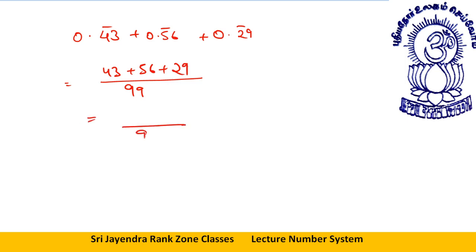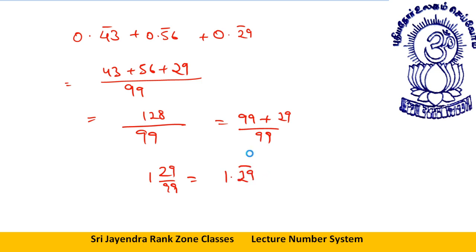This is 99, 43 and 56, 99. 99 and 29, 128. But I will be writing this 128 as 99 plus 29 by 99. So it becomes 129 by 99, or 1.292929, that is 1.29 bar.